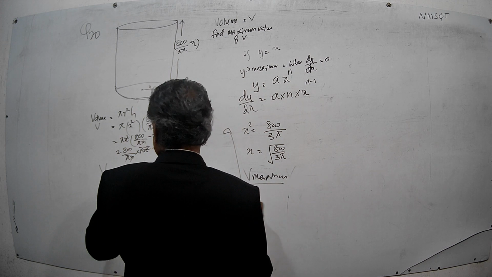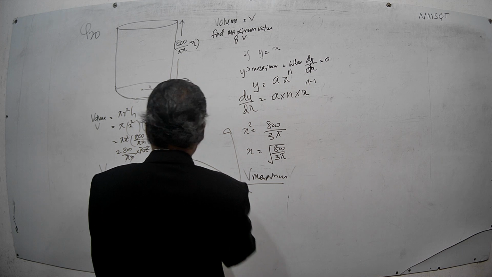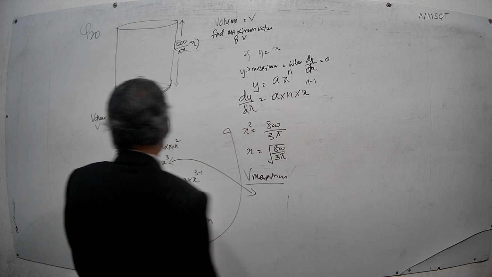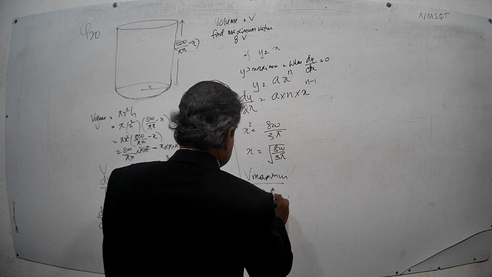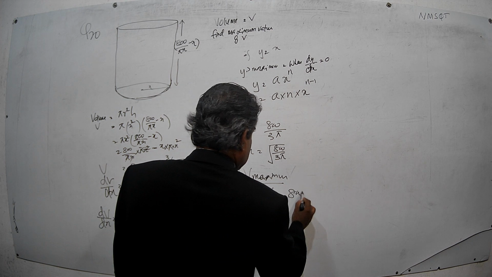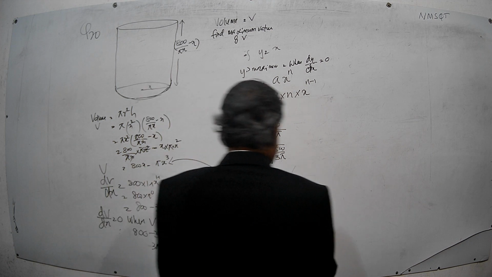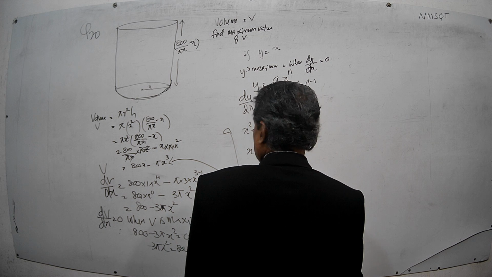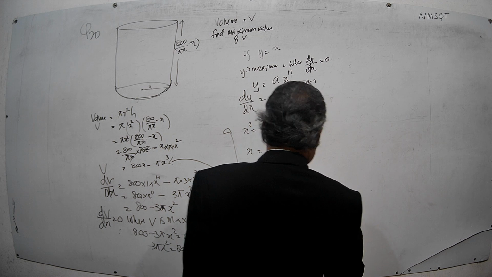You write that formula. This is the v formula, v equals 800x minus pi x to the power 3.